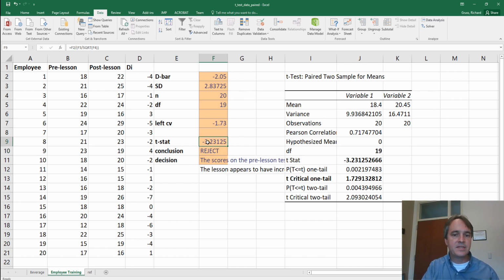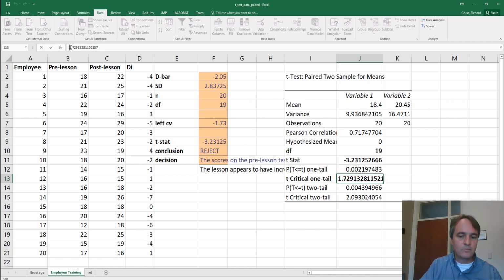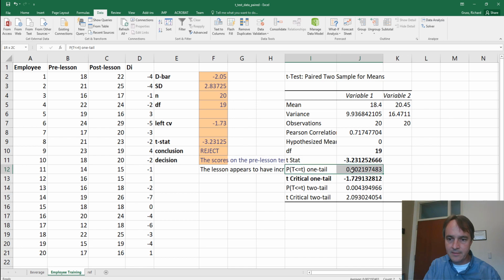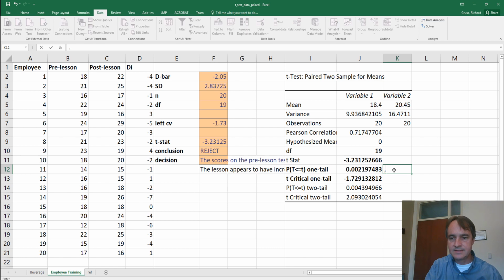So we were able to see that our t statistic was more extreme than our left critical value, which we could get from this. We would just have to say that our hypothesis had it that we were interested in rejection on the left tail. And again, if we also just wanted to do the one tail p-value, we would draw the same conclusion, because this is less than our alpha, which is 0.05.